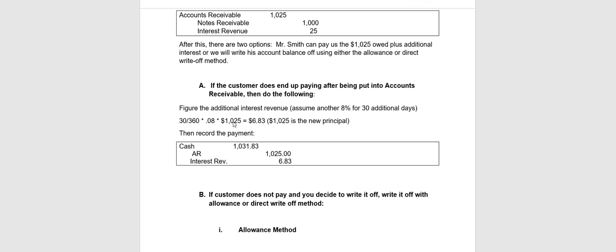So now our principal amount is $1,025 because that's the amount we moved into accounts receivable. So 30 days divided by 360 at 8% times $1,025, an additional interest of $6.83. So we're recorded as a debit to cash. Now, in this case, the credit is to accounts receivable, not notes receivable, because remember we moved it back into accounts receivable, and then credited interest revenue for the additional interest.